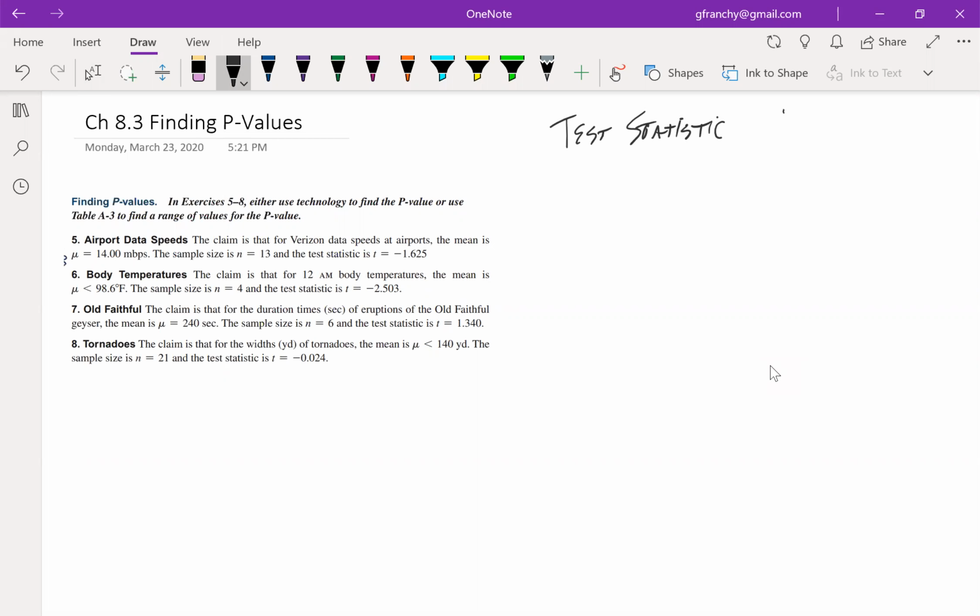The test statistic, that's the number on the number line. So we're going to need that, and it's going to cut off a tail, and we need to know which tail, which is a function of the inequality that we see in the alternate hypothesis.